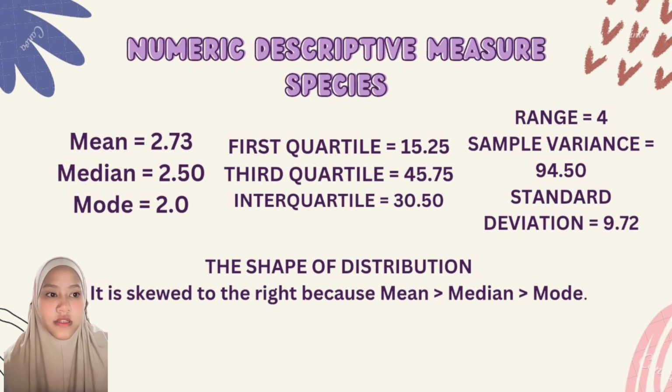The range is 4, sample variance is 94.50, and the last, standard deviation, is 9.72. The shape of distribution is skewed to the right because the mean is greater than the median, greater than the mode.